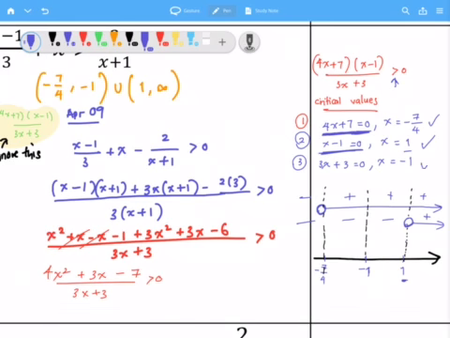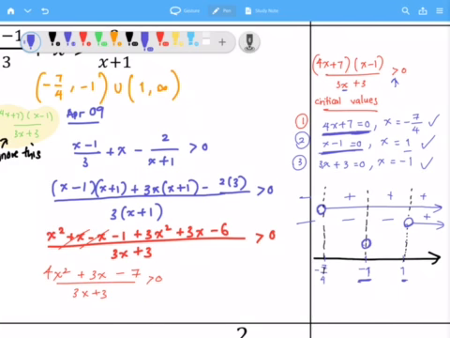Now you look at your last critical value, negative 1, our final negative critical value. If you substitute negative 1 into this, it will turn your denominator into 0. We don't want that to happen. That is a math error. Avoid that. So we are not including negative 1.